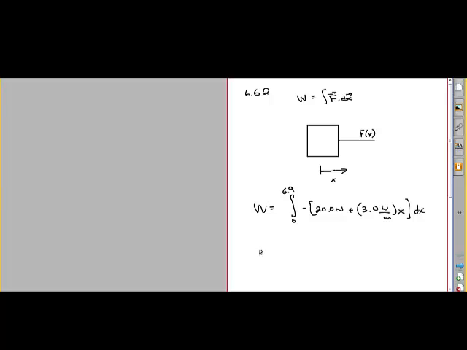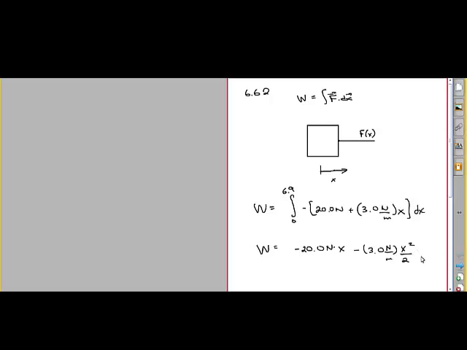All we have to do is just do simple integration now. The integral of negative 20 newtons dx is 20 newtons times x. And then we have a negative sign because this negative applies to both parts. 3.0 newtons per meter times x squared over 2.